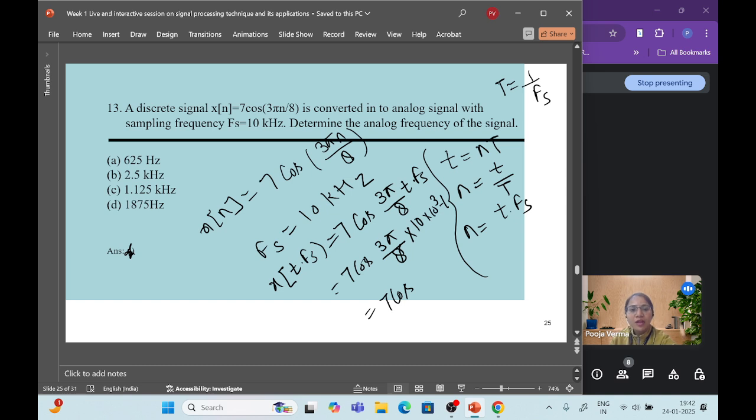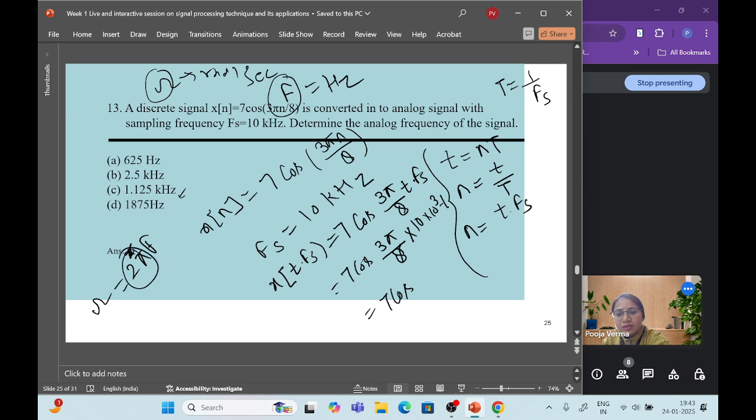We need to find the analog frequency only, and omega is in radian per second. It is an angular frequency in radian per second, and the frequency is represented by f, in hertz. Here we need to find it in terms of f, not omega. Omega is equal to 2 pi f.